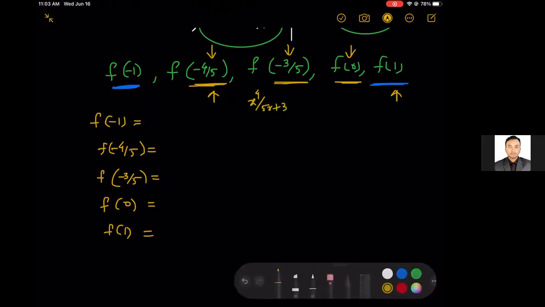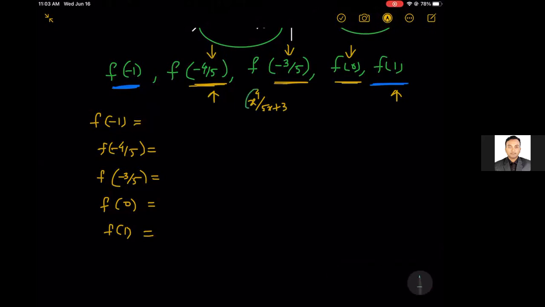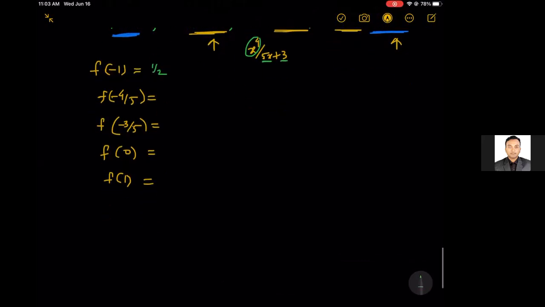So let's see. If I plug in -1, it will be -5 plus 3, so -2. So it will be +1/2. If I plug in 0, it becomes 0.